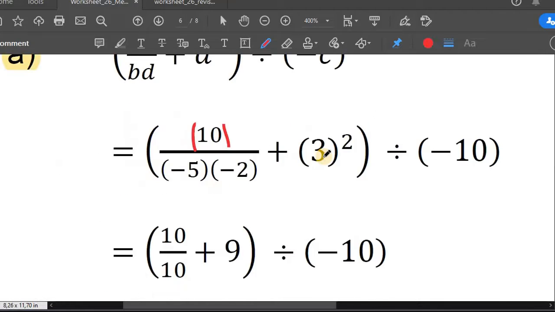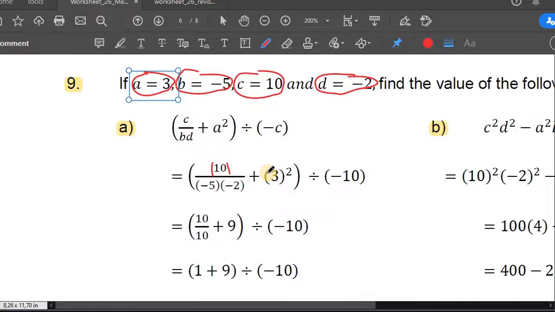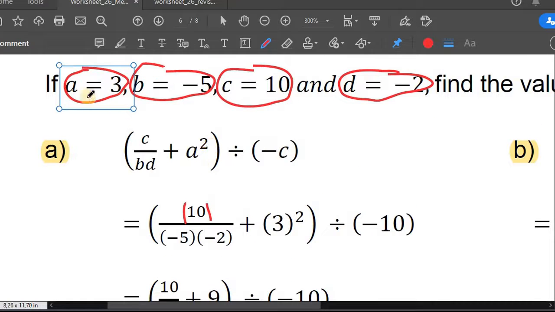The value for A is supposed to be 3, so I take out the A and put in 3 in brackets. Watch that the square is outside of the brackets, because I took out only the A and put the 3 there.